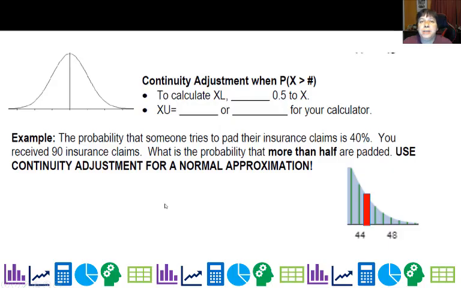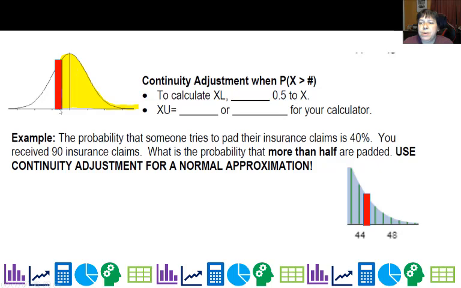Now let's look at the case where we want the probability that x is greater than a number. Not greater than or equal to, but greater than. Well, we still have our red box here on x, wherever that is. And since we're doing greater than, I'm definitely shading to the right. Now, do I want to be on the left side or the right side of this box?